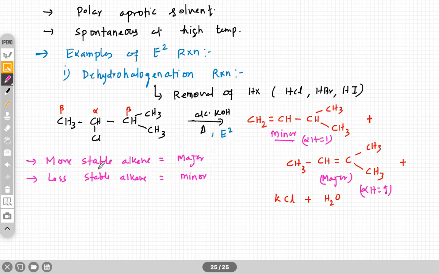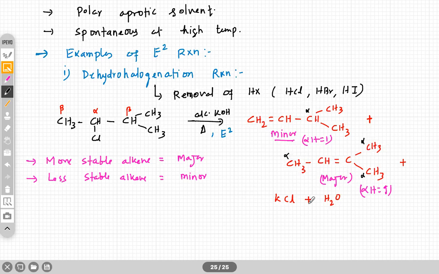And how do we compare the stability of alkenes? Hyperconjugation. How do we calculate that? We count the alpha hydrogens, right? So alpha hydrogen is 3 plus 3 plus 3, 9 here. For this double bond, this is the only carbon which is the alpha carbon with respect to this double bond. This is alpha, and this is alpha.